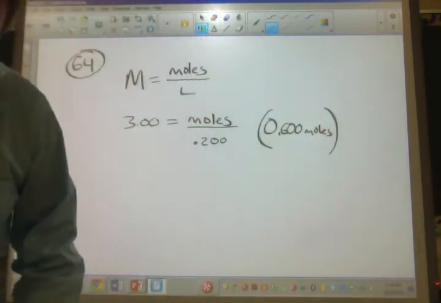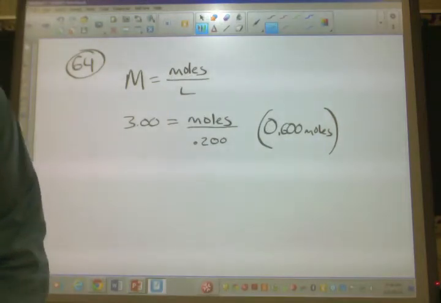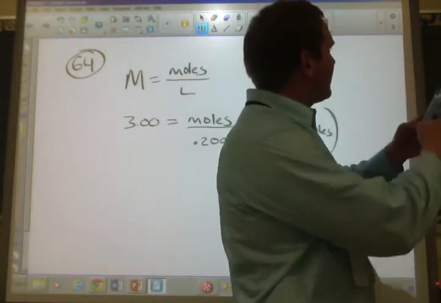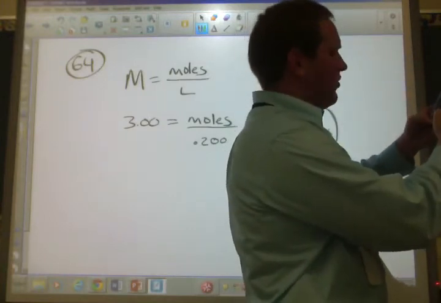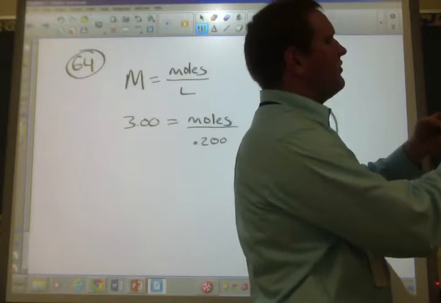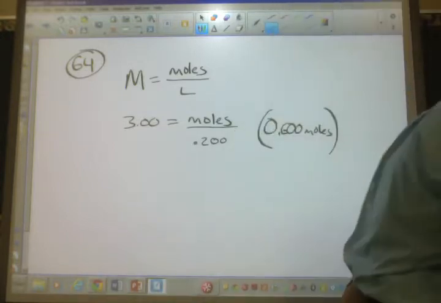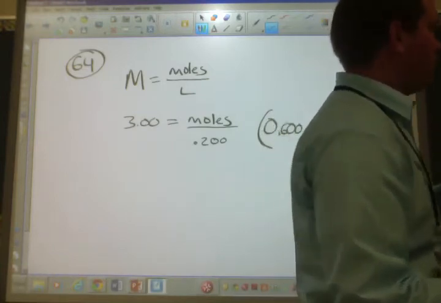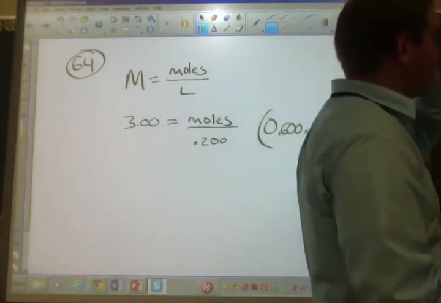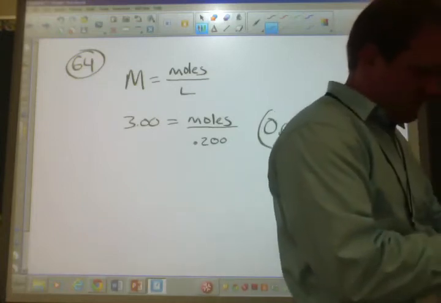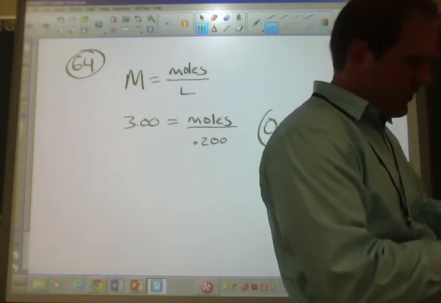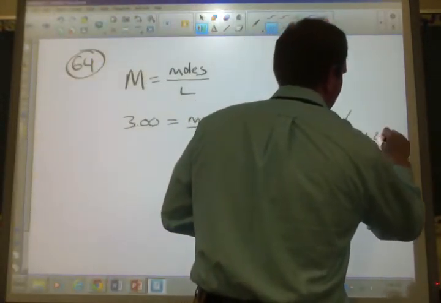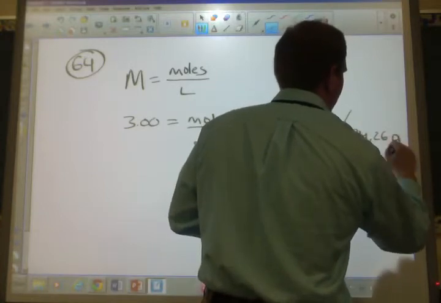Okay, and that is moles of potassium sulfate. So let's find the molar mass of potassium sulfate, which is going to have 2 potassiums, so 39.0983 times 2 plus 1 sulfur, 32.066, plus 4 oxygens, because it's K2SO4, so 4 times 16. 174.26 grams over mole.